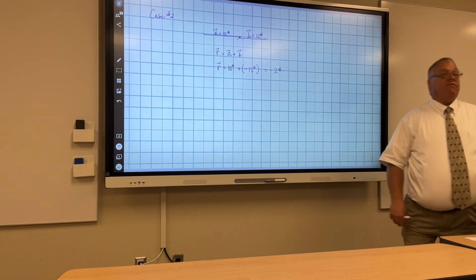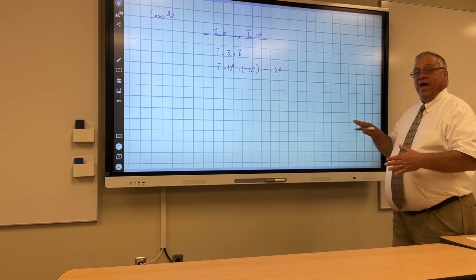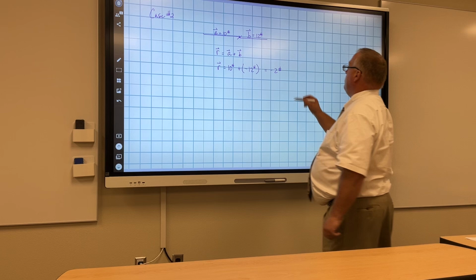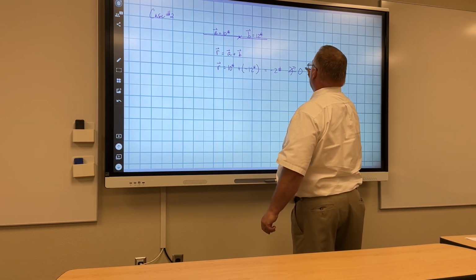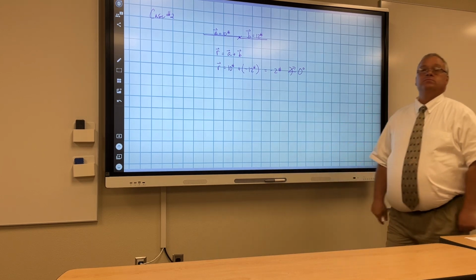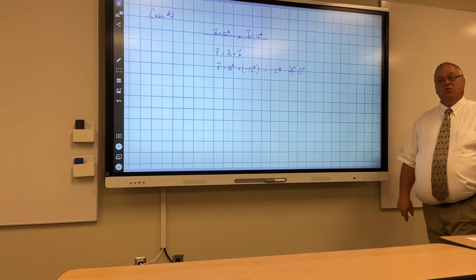Now, since we have a force of 2 pounds, what angle do we have? We're assuming this is along the x-axis. That angle would be 0 degrees in our description. Or what could we put?